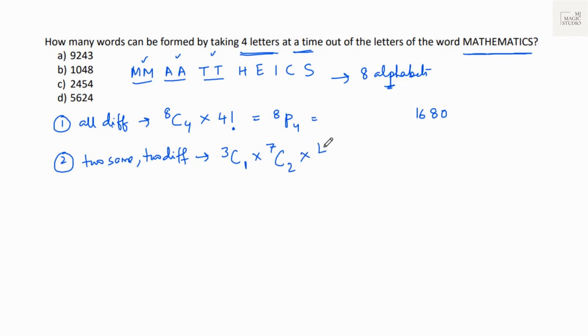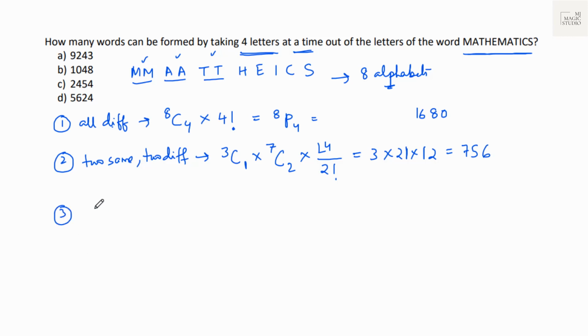In how many ways can you arrange them? Factorial 4 ways, out of which 2 letters are of the same type, that's why divide this by factorial 2. Let's work this out. 3C1, selection of 1 letter out of these 3 ways, times 7C2, selection of 2 remaining letters from the remaining 7 letters. 7 into 3 is 21, and 24 by 2 is 12. That will give us 756.